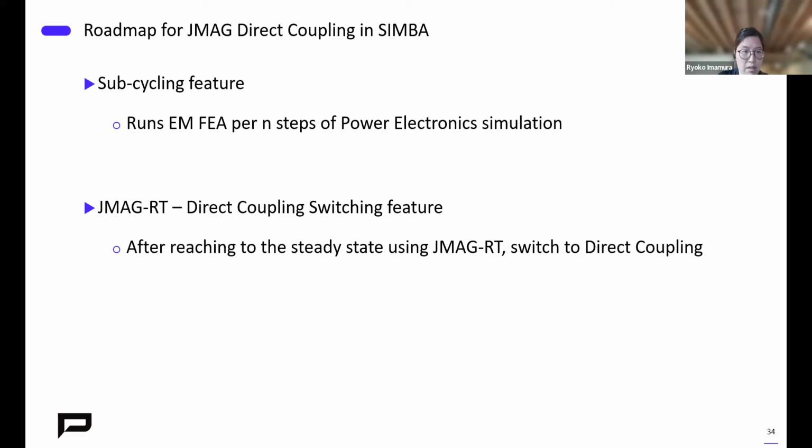Second is a JMAG-RT direct coupling switching feature. Some of the JMAG user folks might be familiar with this. After reaching the steady state while using JMAG-RT, switch to the direct coupling. That way we can skip the transient analysis part and see the steady state with FEA.